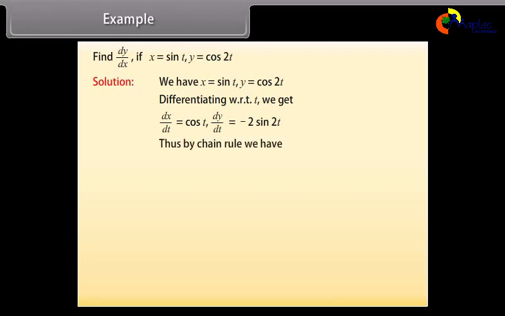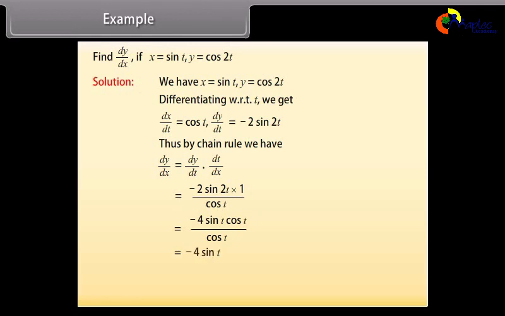Thus, by chain rule we have dy by dx is equal to dy by dt into dt by dx, which is equal to minus 2 sin 2t into 1 by cos t, which is equal to minus 4 sin t cos t by cos t, which is equal to minus 4 sin t, which is equal to minus 4x. Hence, dy by dx is equal to minus 4x.